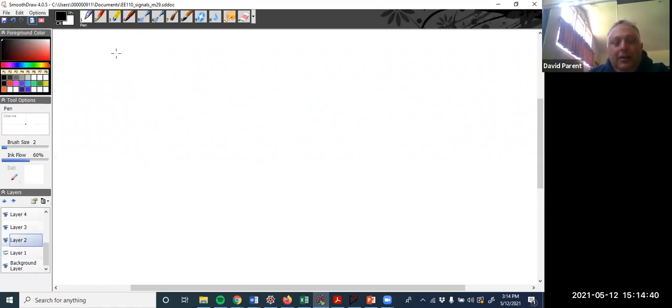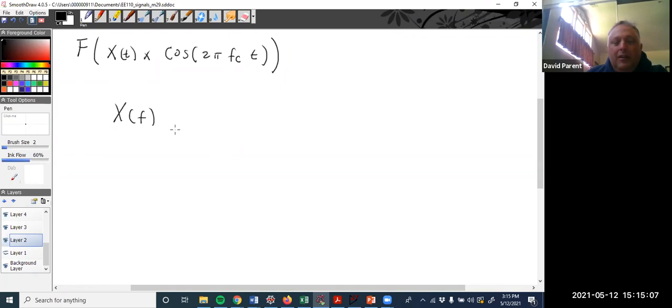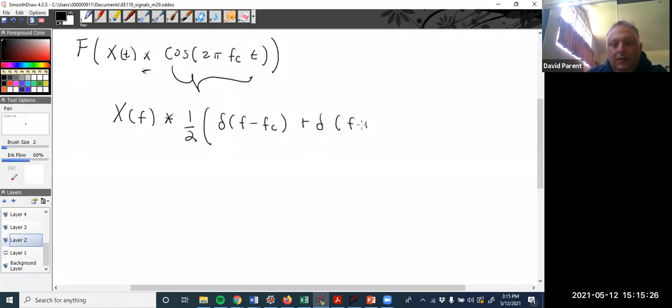Now, if I take x(t) times cosine 2 pi, and now I'm going to call it f carrier, and I take the Fourier transform of that, this becomes X(f), this becomes convolution, and this becomes... all right. So this is now all in the frequency domain. These delta functions, right?